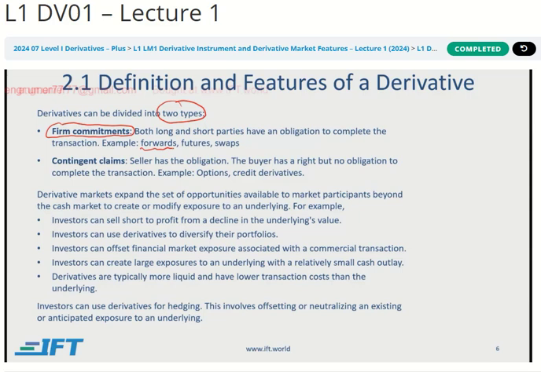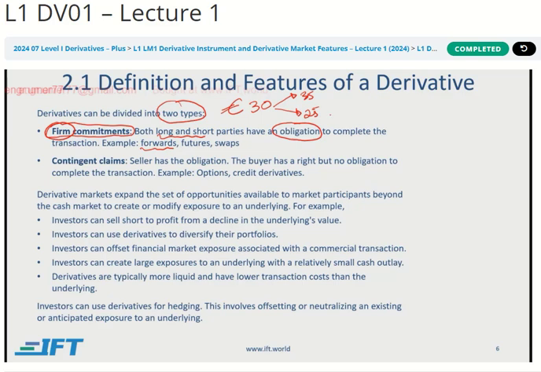But the important thing is that this is a firm commitment, which means both the long and short parties have an obligation, which means when Amy agreed to sell this Airbus share for 30 euros, that means they have to sell it for 30 euros. Whether the price goes up to 35 or it goes down to 25, it doesn't matter. Amy has to sell this for 30 euros after 6 months.